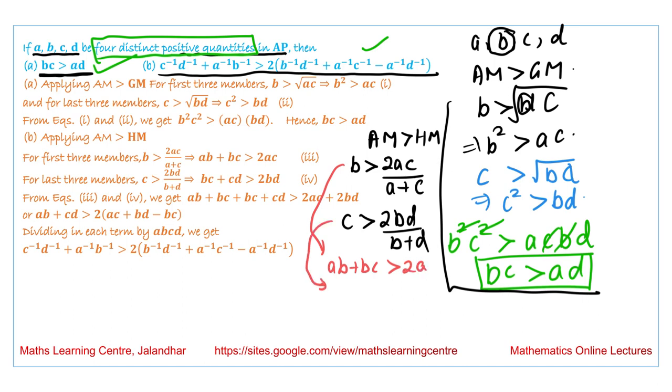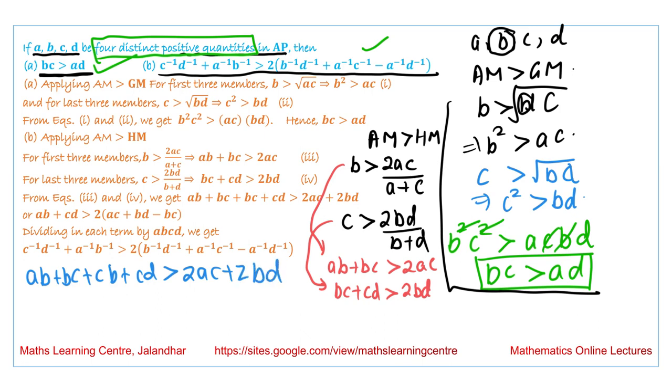From the second result, we have bc plus cd is greater than 2bd. Now from these two equations, if we add all these values, we obtain ab plus bc plus cb plus cd is greater than 2ac plus 2bd. So this gives us that ab plus cd is greater than 2 times (ac plus bd minus bc).